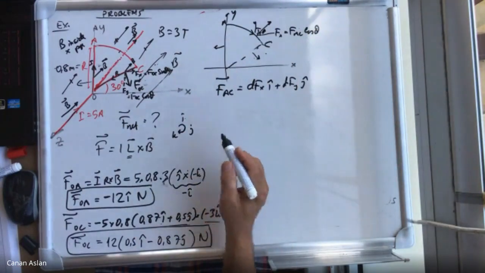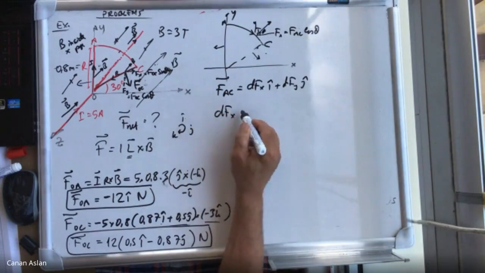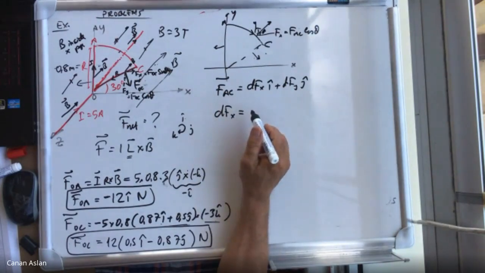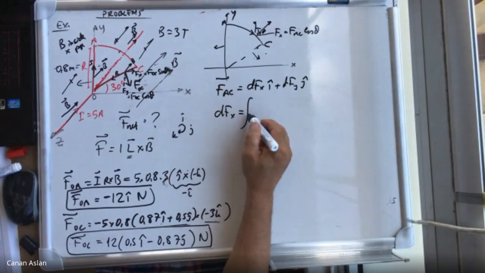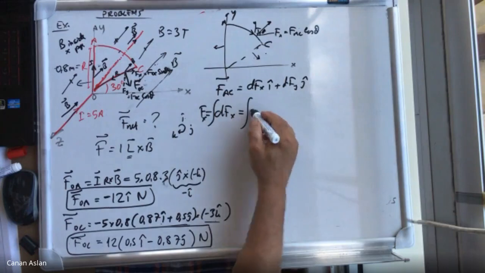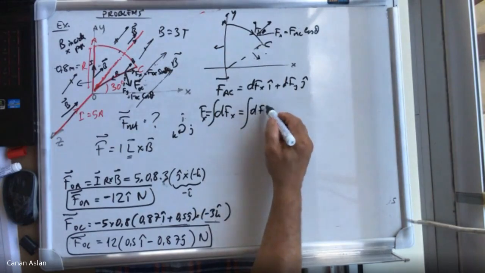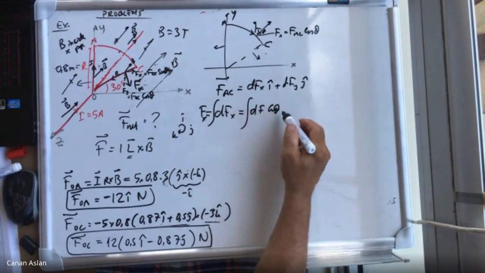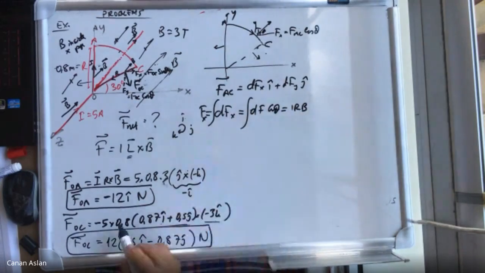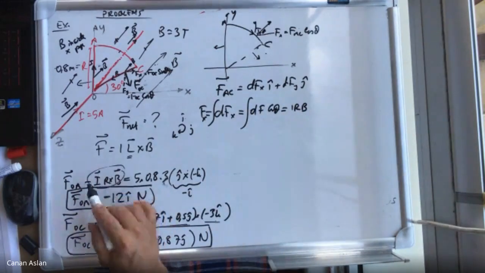So now Fx is the integral of dF times cosine theta, and this is IRB, just the product of these three.